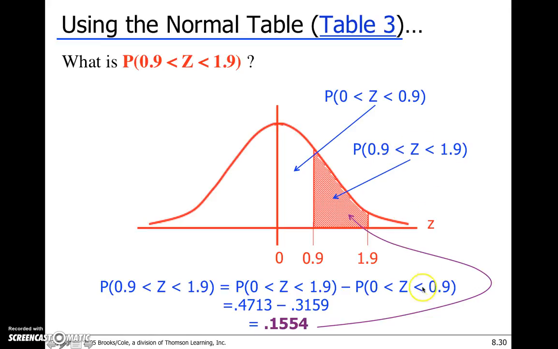That is the area from 1.9 here to 0. Find that area, read from the tables.